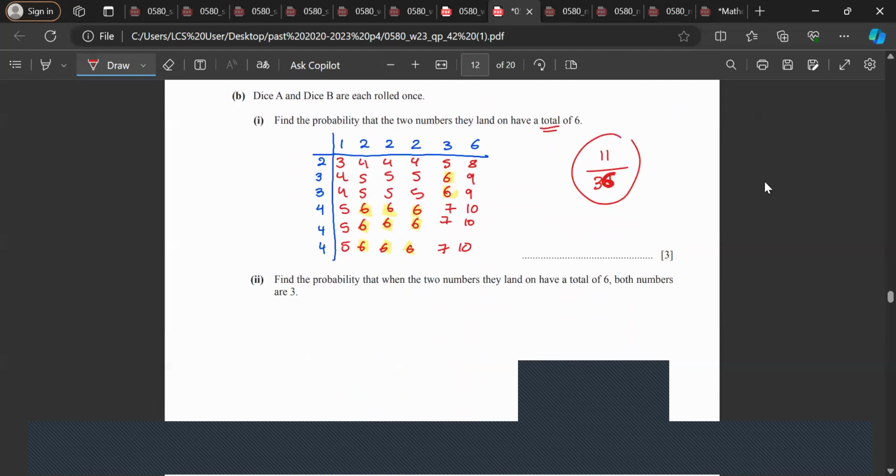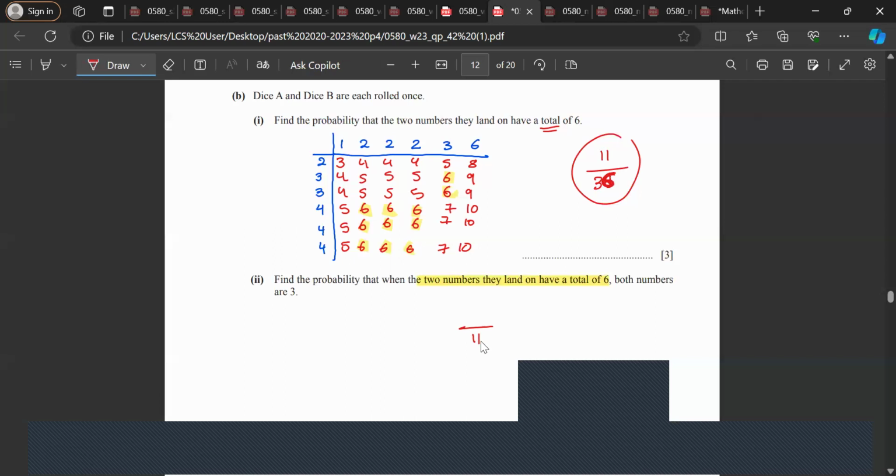Let's see the next question. Find the probability that when the 2 numbers land on the total 6, both numbers are 3. So now he's telling me, in the above part, he asked the probability directly to have total 6. But here he is asking about the probability when the 2 numbers land on total 6. This means these are the denominator.